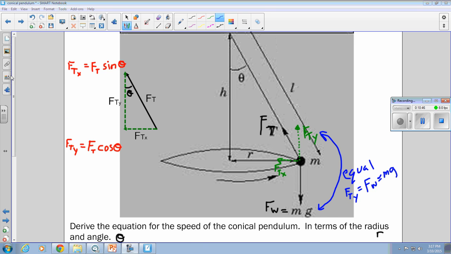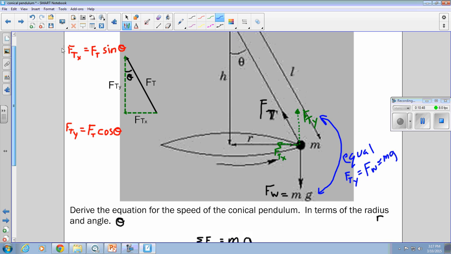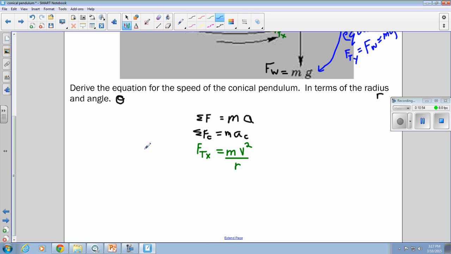One thing we can do is take force tension in the x and substitute in what that is equal to in terms of force tension and theta, because force tension x is equal to force tension times sine of theta.